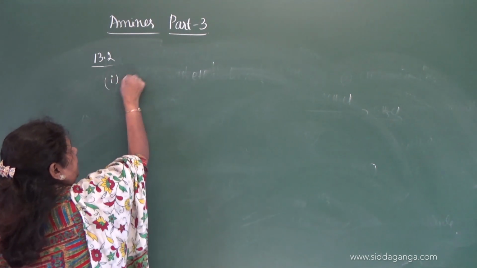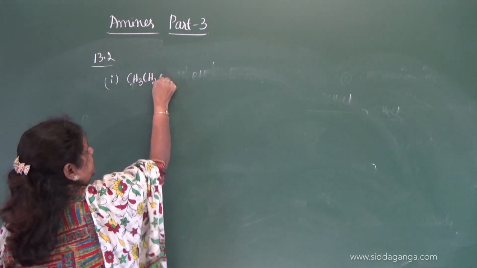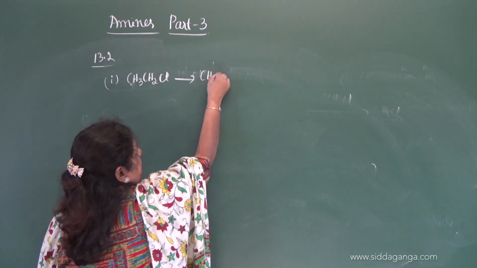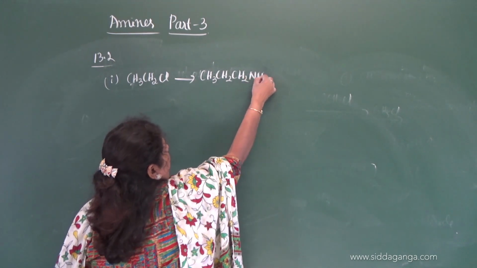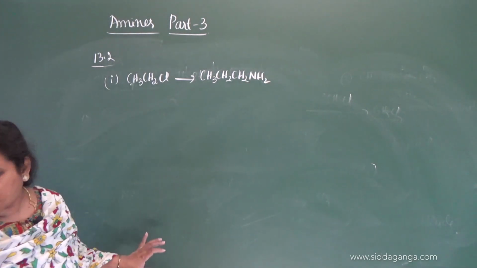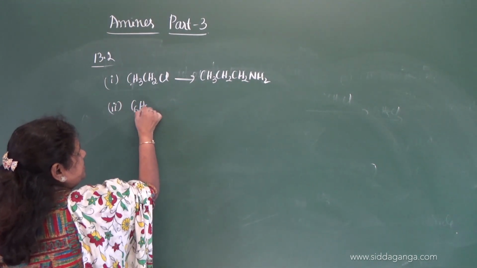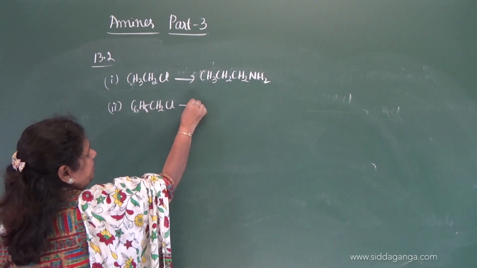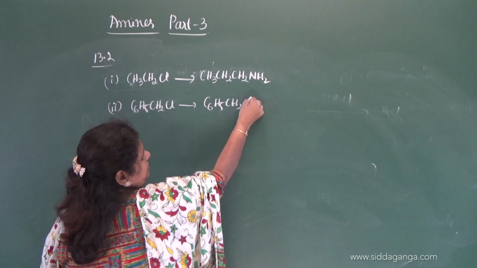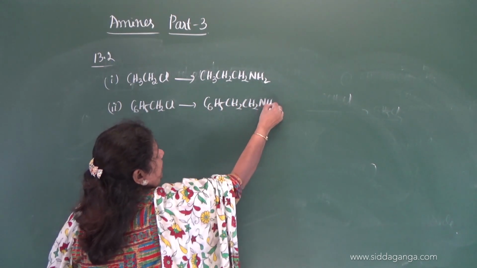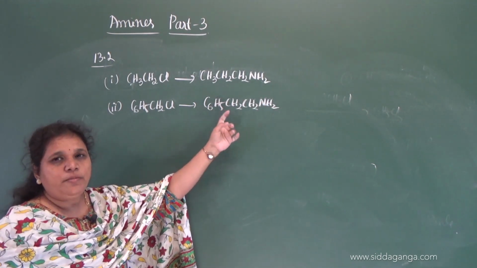See here, first one, ethyl chloride, CH3CH2Cl, to CH3CH2CH2NH2, propanamine, and the second conversion is C6H5CH2Cl, that is benzyl chloride, to C6H5CH2CH2NH2. So this is the conversion. For this conversion you need to write the chemical equation.